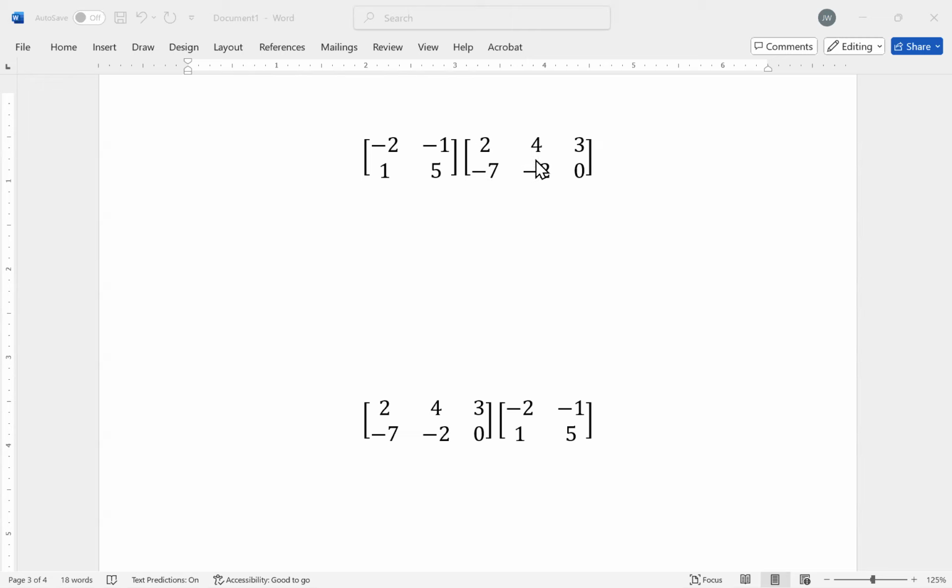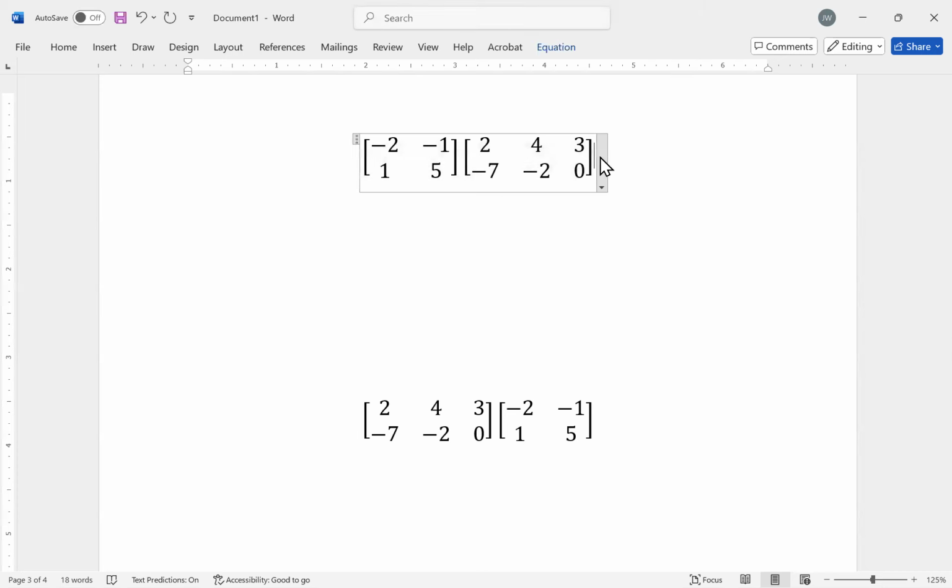And then I can multiply by the second column, and then I can multiply by the third column. So notice that we can do that because the number of entries in a row in the first matrix is equal to the number of entries in the columns of my second matrix.